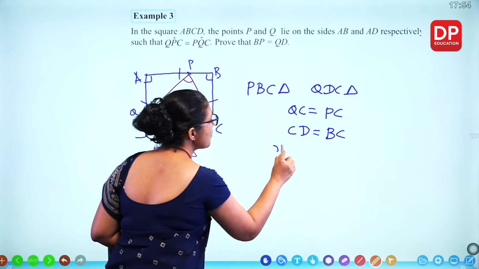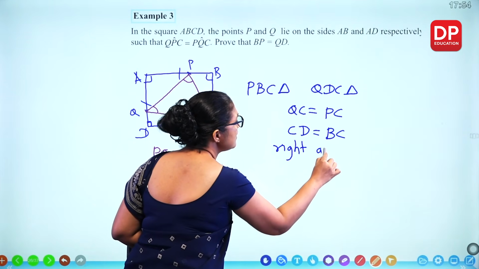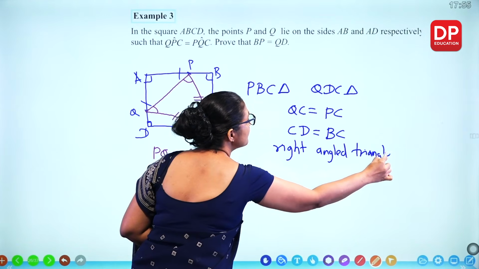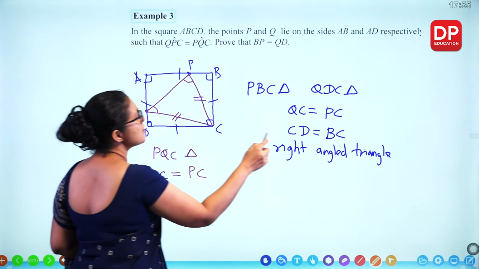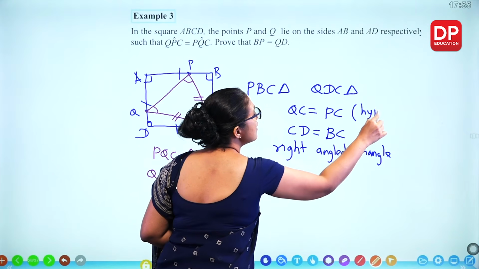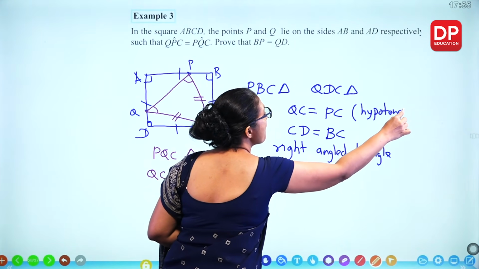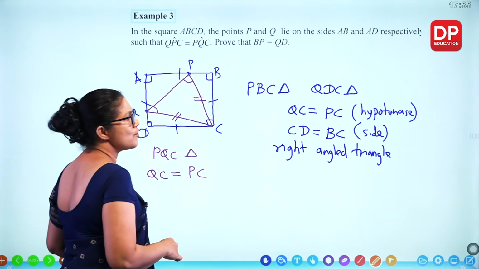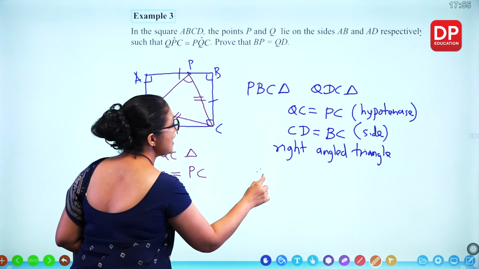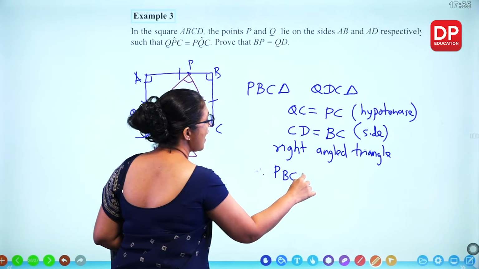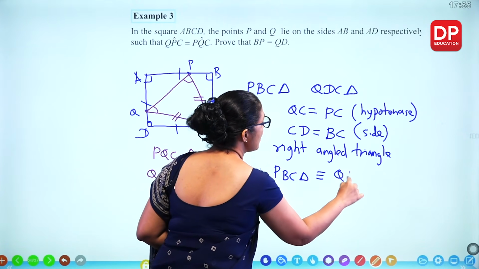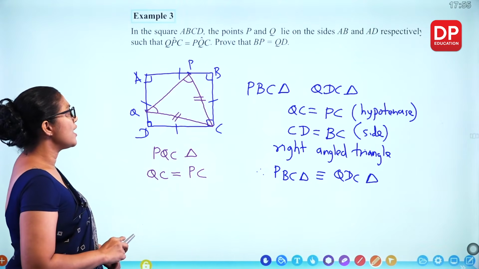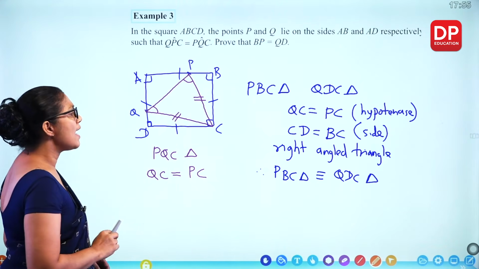This is a right angle triangle. In a right angle triangle, the hypotenuse is this one, and this is one side. If we know one side and hypotenuse both are equal, we can say PBC triangle is congruent to QDC triangle. And if these two are congruent, corresponding elements are equal.